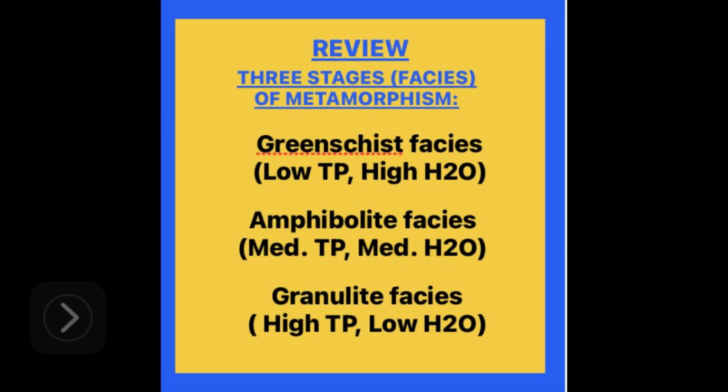So just to review last video, we discussed three stages or facies of metamorphism. The first one is greenschist facies metamorphism, characterized by low temperature, low pressure, and abundant water availability. And next up is Amphibolite grade or facies metamorphism, characterized by moderate levels of temperature, pressure, and moderate levels of water availability.